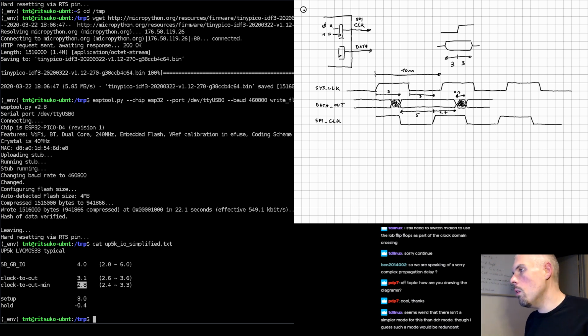Well, the other thing you can do, instead of using the DDR output mode, is output a SPI clock that's half the frequency of your FPGA clock. But that would mean you need to run your entire logic at twice the speed that you would need, right? So that's kind of wasting your clock, if you wish.